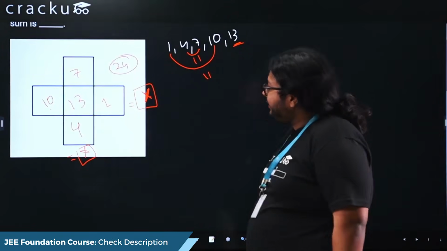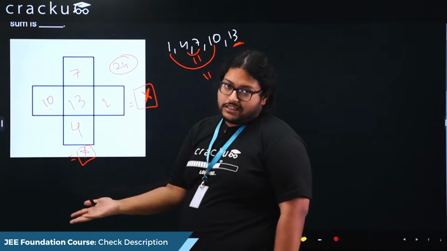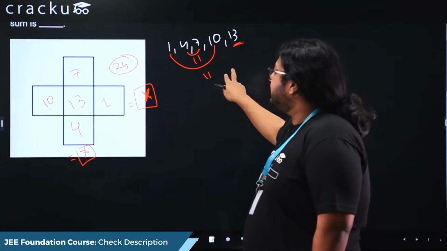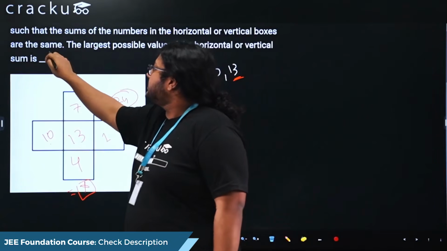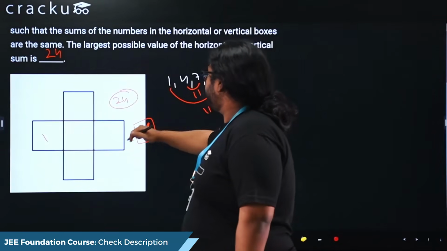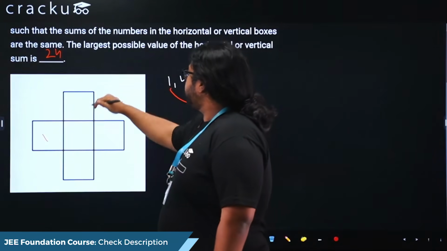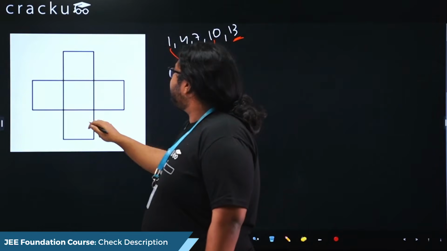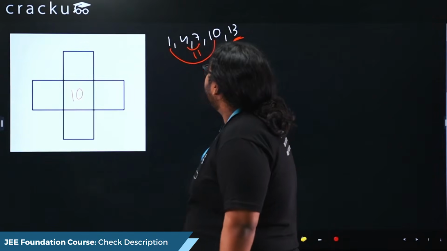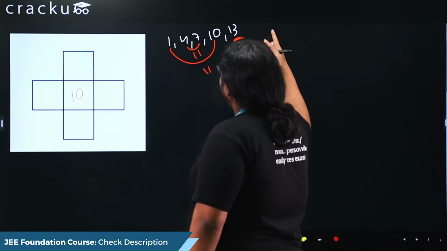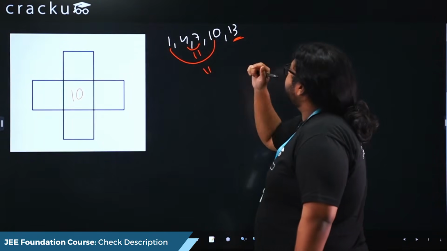Now, what would have happened if I had, there will be other cases also, right, where I'll get a similar thing. This one, the answer is 24. Let's consider a different case here. If I had not placed 13 and instead had placed 10 in the center, can I still get the numbers arranged that way?